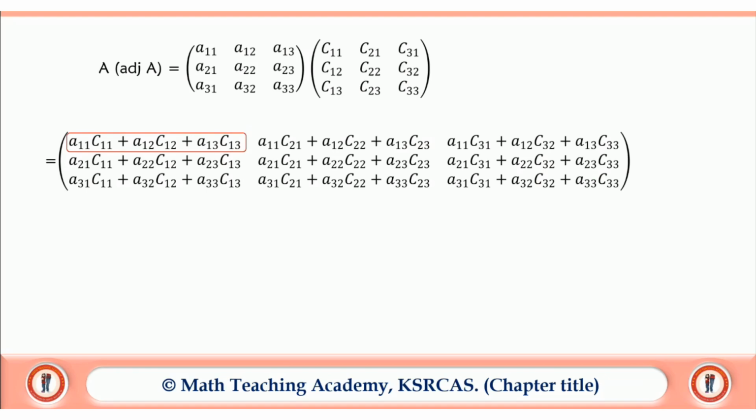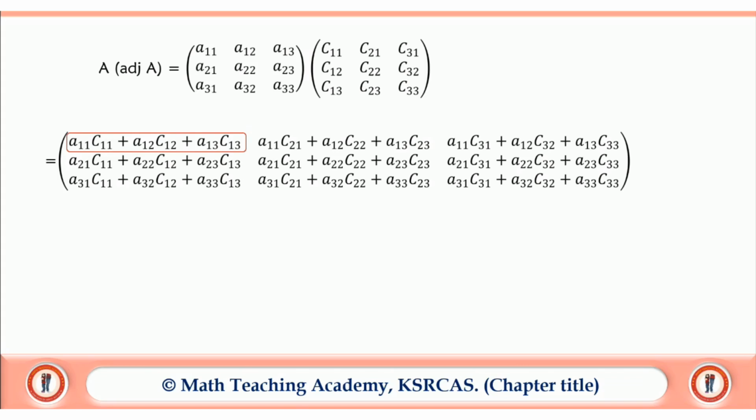First off, let's see how the first term comes. Here you have A11 into C11 plus A12 into C12 plus A13 into C13, which is located in the place of first row and first column.